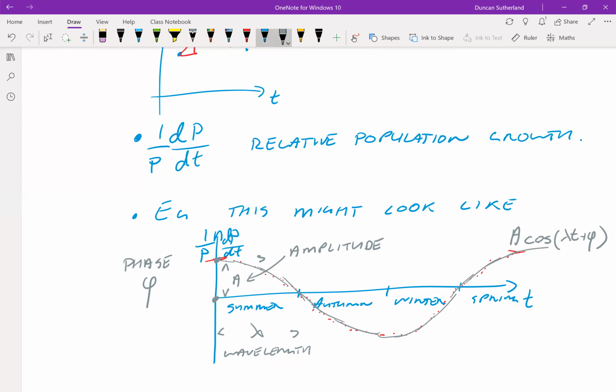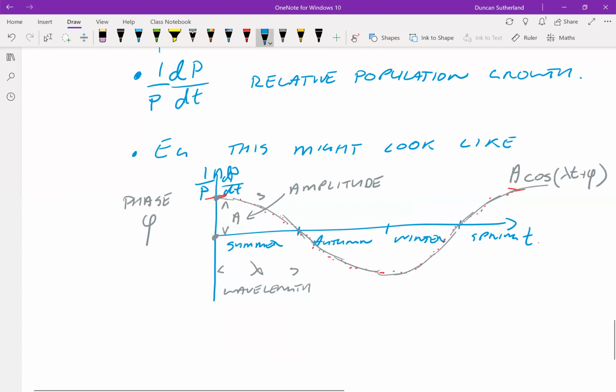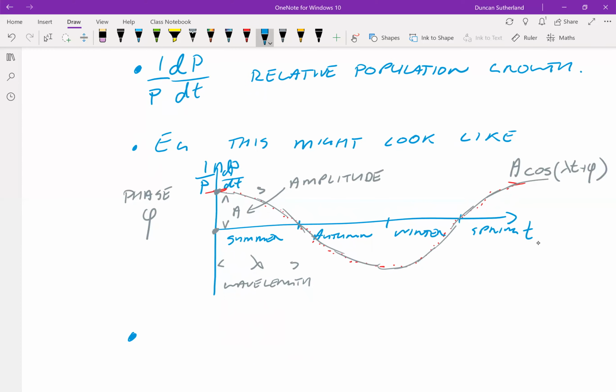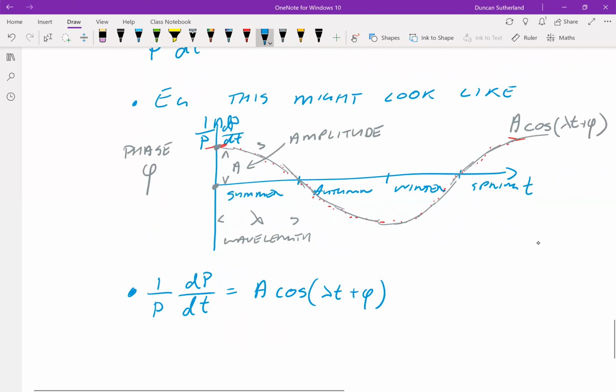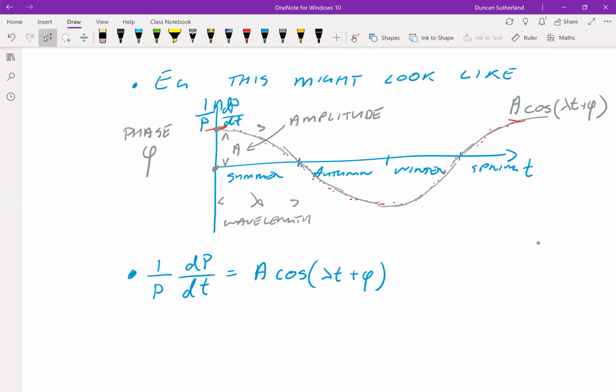So what you've ended up with, from your data, or from simply our hypothesis at the moment, we haven't actually got any data. This data is just fake and illustrative. We've ended up with this model. Cosine. So different phases.